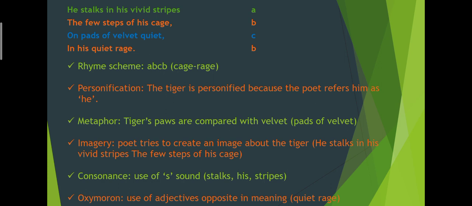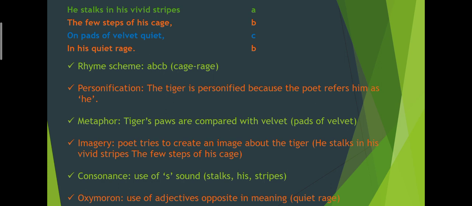And another technique used by the poet in this stanza is oxymoron. Oxymoron means two adjectives which are opposite in meaning are used. For example here, quiet rage. Quiet means being calm, and rage, anger.